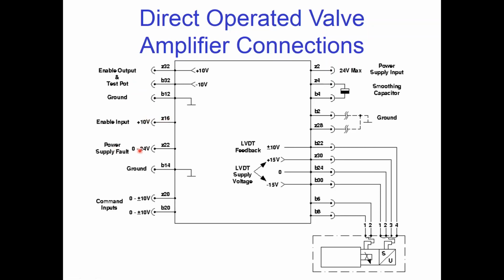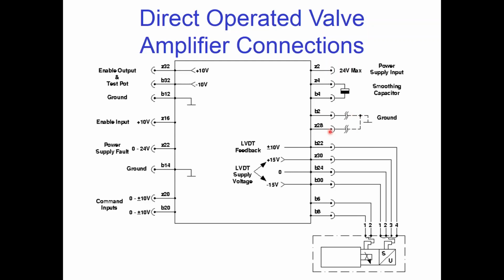Z16, power supply, that's going to be up to 24 volts at Z22. Another earth ground here. And these are the command inputs. We're going to measure, just make sure we are in fact delivering the right command signal. We can measure that here. That'll be plus or minus 10 volts. Here's the input from the power supply, and the smoothing capacitor we probably won't have to deal with very much. It either works or it doesn't most of the time.